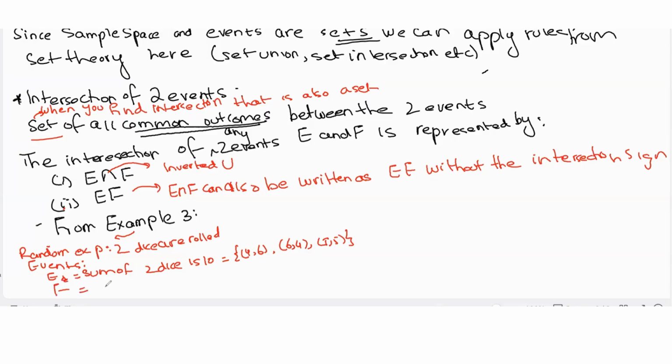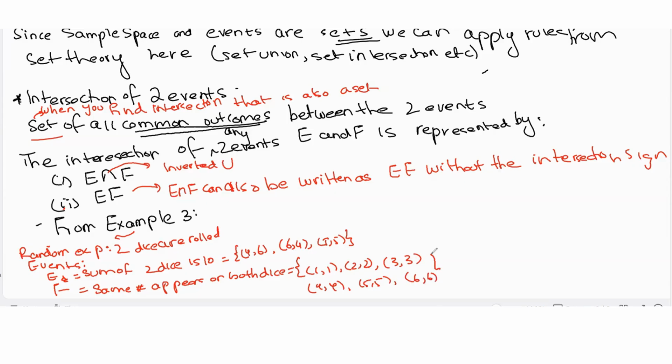F is the event that the same number appears on both dice. So this was the event with 6 outcomes: both dice have 1, both dice have 2, both dice have 3, both dice have 4, both dice have 5, and both dice have 6.